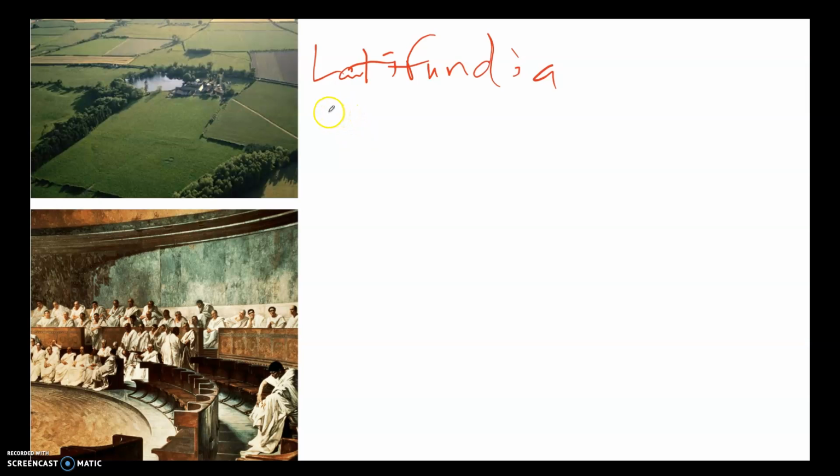But what we're going to see is in times of economic distress, the elite latifundia landowners are going to take advantage of that economic distress and buy those small farms from the soldiers, which is going to lead to a landless population that is significant, and they are going to migrate to what capital?